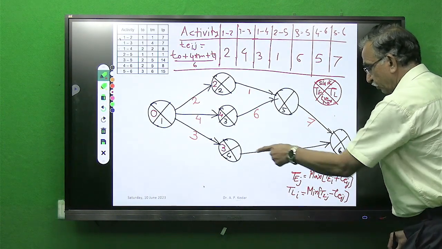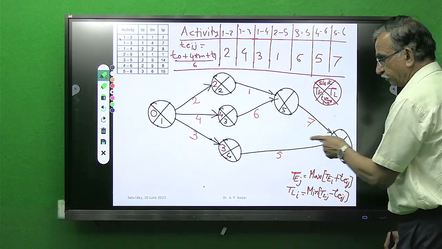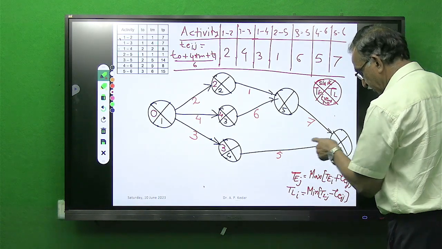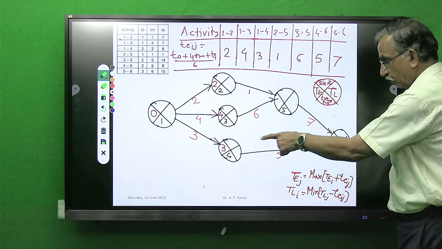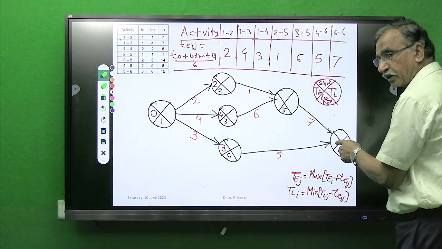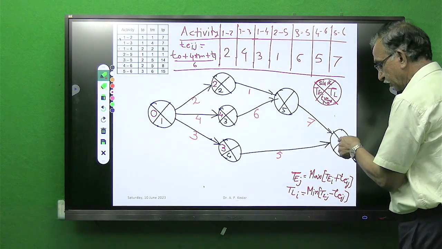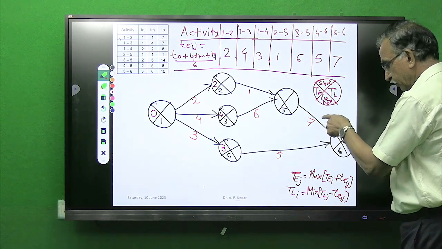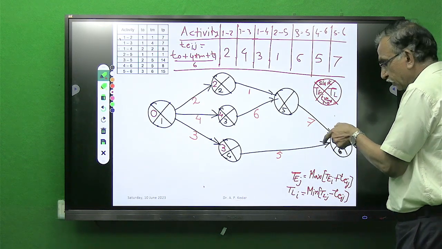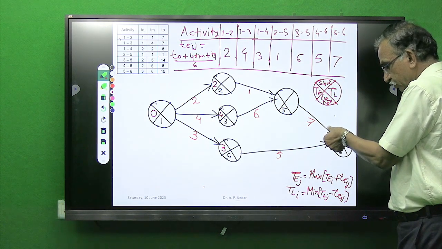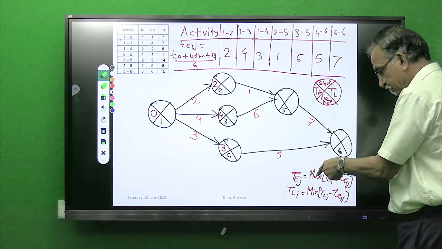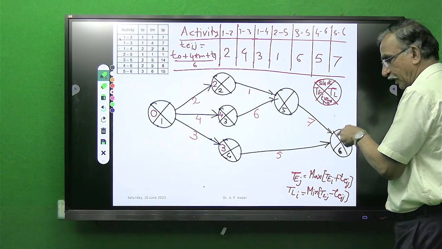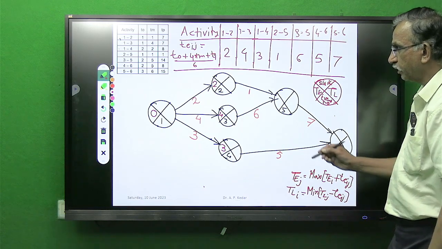Can you write the value directly over here? 3 plus 5, 8? No, that will be wrong, because this is only one value you are getting, 3 plus 5, 8. You have other values. Unless you find both values, compare and select the maximum, you cannot write directly. So wait.